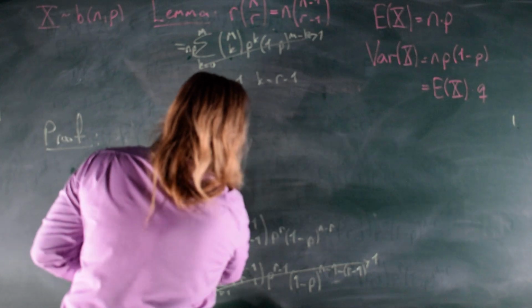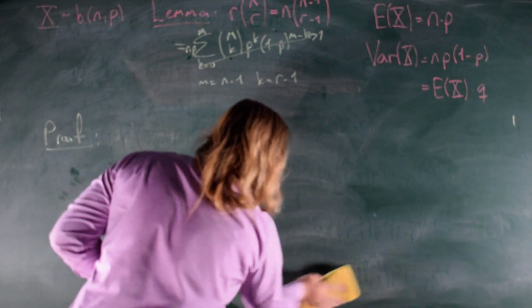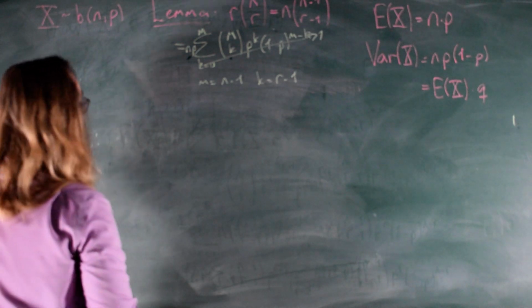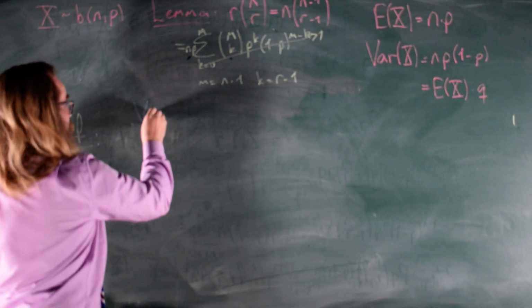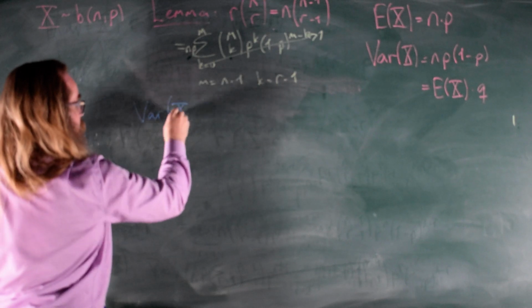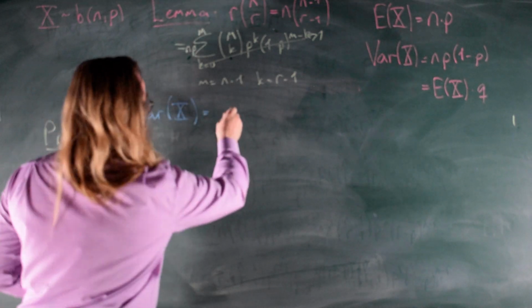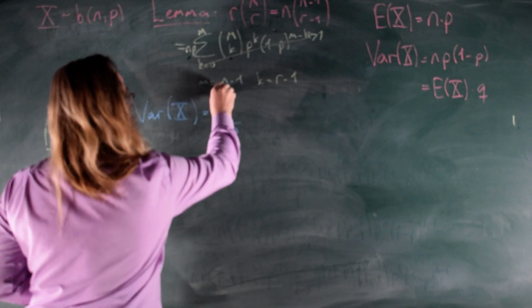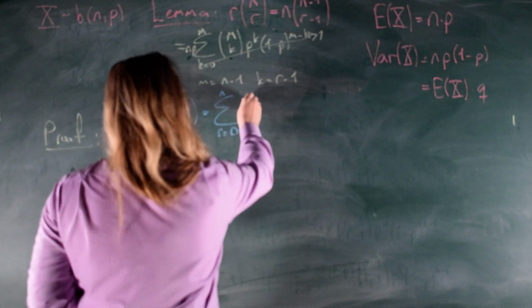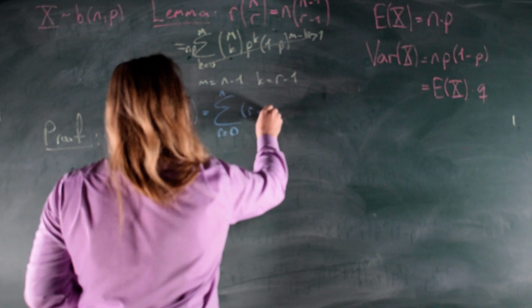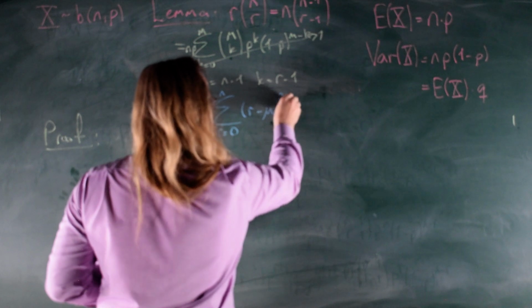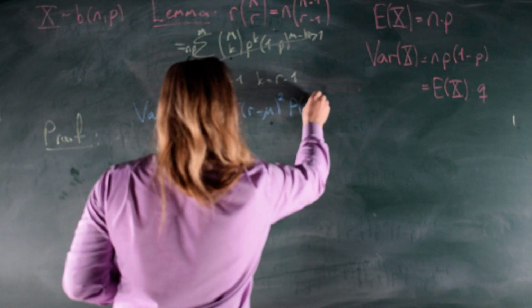Expecting the variance not to be as intuitive, but the process of proving it is pretty similar. Okay, so let's take the variance of x, and it's simply the sum from r equals 0 to n, and then we take the distance to the mean, where mu is simply the expected value that we just calculated, and then we weigh it.